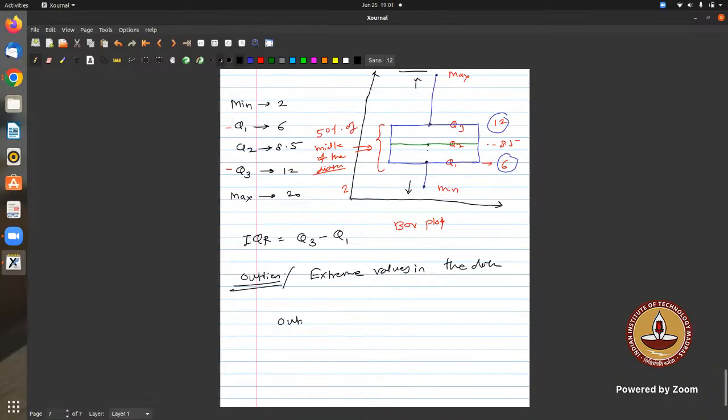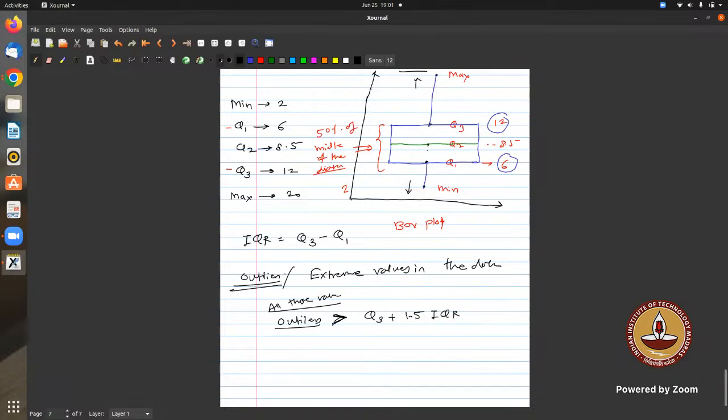So one is, outliers are all those values in the data set which are greater than Q3 plus 1.5 times IQR.